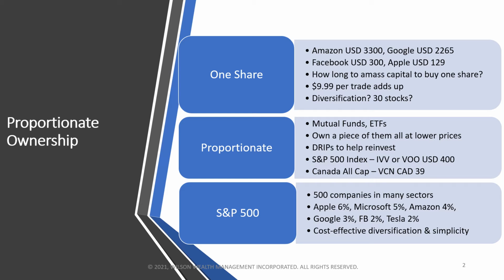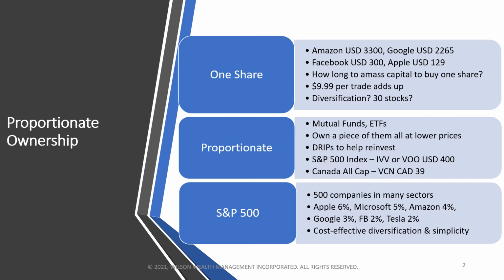Now, I think one of the problems here is that right now we're seeing very high prices, relatively speaking, on index funds. The S&P 500, two of the larger, more popular index funds are IVV from iShares and VOO from Vanguard. Those both trade about $400 US right now. So they're not cheap either.